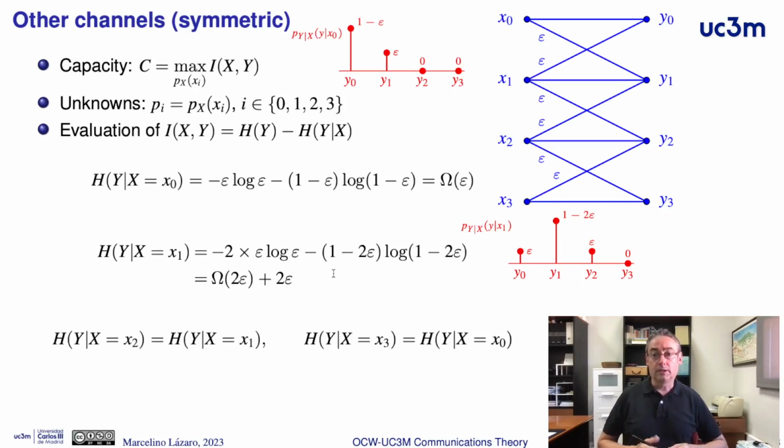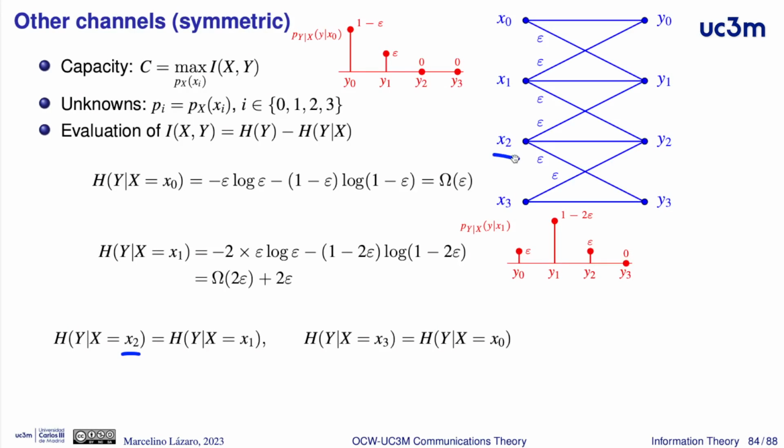Now, it is straightforward to see that for x equal to x2, we have more or less the same situation that we had for x1. Three symbols, one of them with probability 1 minus 2 epsilon, in this case y2, and two of them with probability epsilon.